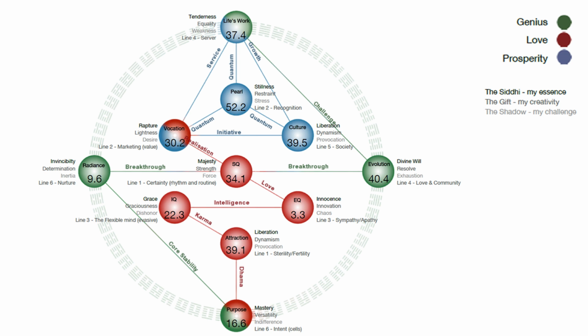The first thing that we look at when it comes to the Gene Keys is going to be these numbers inside the circle. You can see Marcus's life work, it says number 37.4.